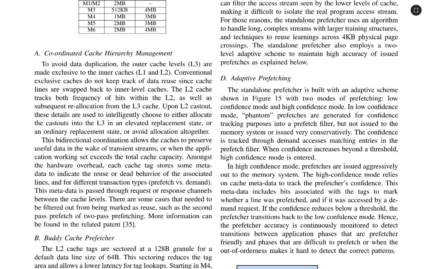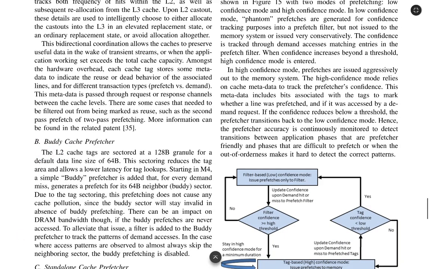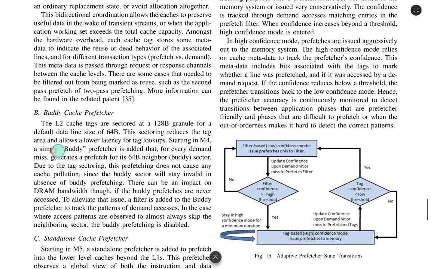B. Buddy cache prefetcher. The L2 cache tags are sectored at a 128 byte granularity for a default data line size of 64 bytes. This sectoring reduces the tag area and allows lower latency for tag lookup. Starting in the M4, a simple buddy prefetcher is added at every demand miss to generate a prefetch for each 64 byte neighbor buddy sector.